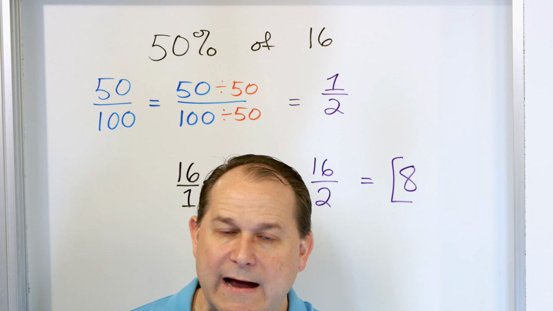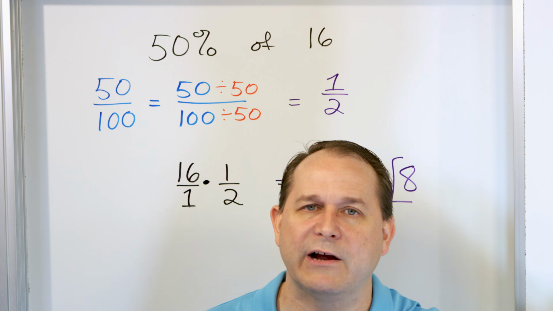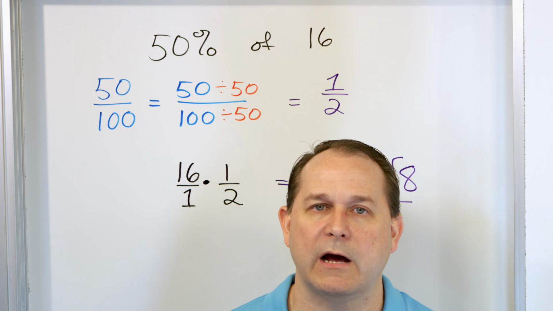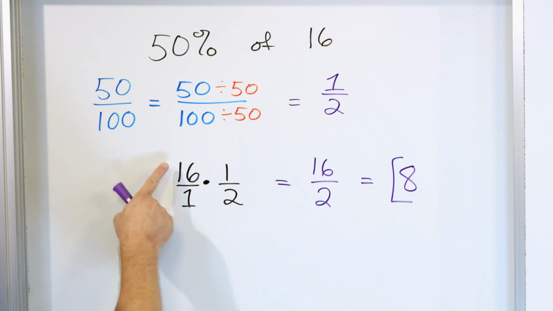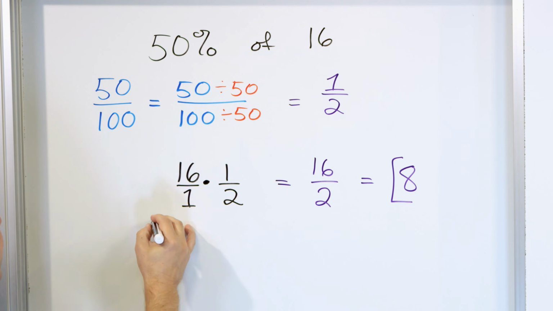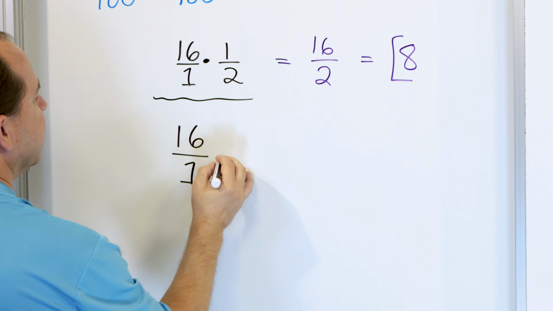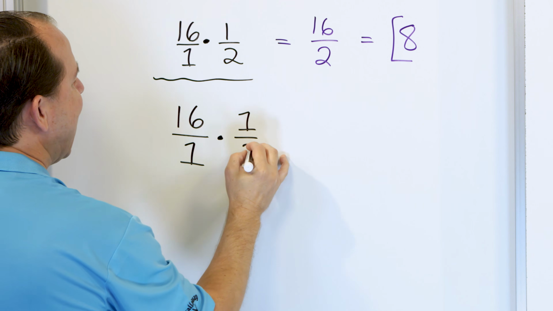I want you to know that, but I also need to teach you something to make multiplying fractions a little simpler because it will save us time later, right? So let me rewrite this fraction multiplication one more time. 16 over 1 times 1/2.